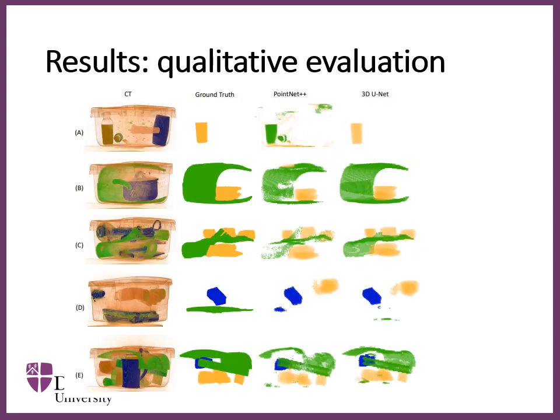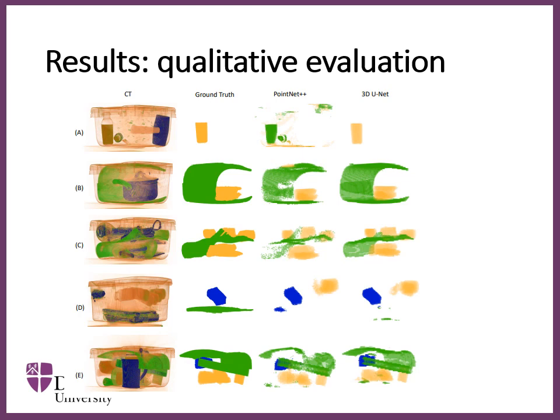And finally, this is a qualitative evaluation of different models. In this figure, in the first column on the left side, we showed the original CT volumes. We have A, B, C, D, E, 5 different CT volumes for examples. And in the second column, we showed the ground truth segmentation or detection results of different materials.